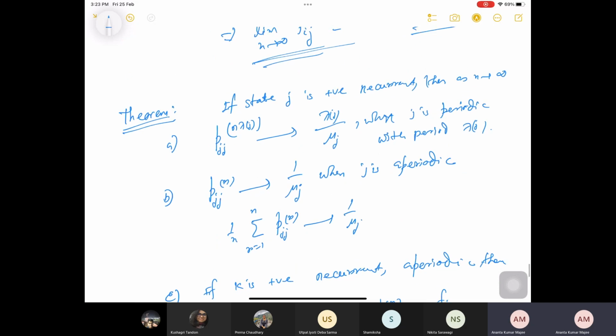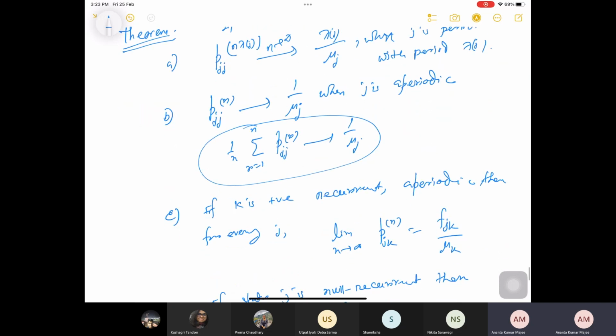If j is positive recurrent with period lambda j, then Pjj of n lambda j converges to lambda j by mu j as n goes to infinity. If it is aperiodic positive recurrent, then Pjj of n converges to 1 by mu j.